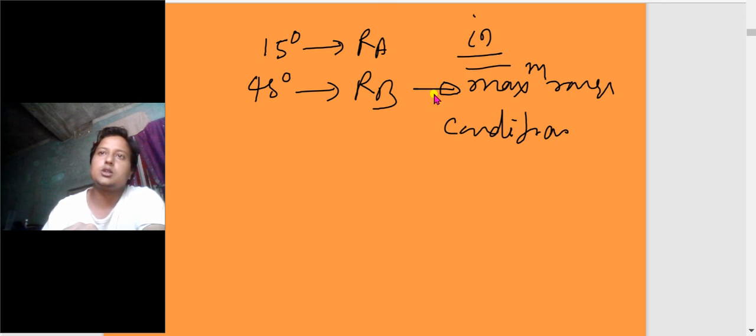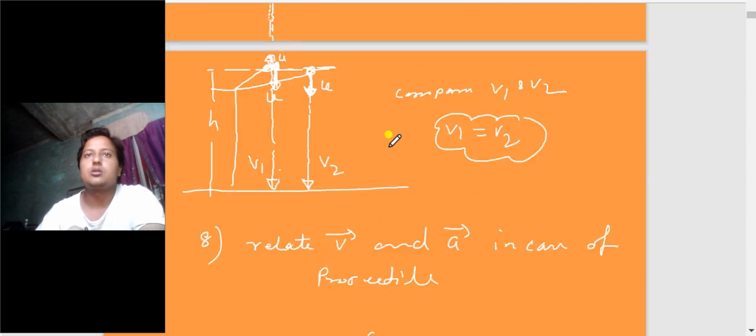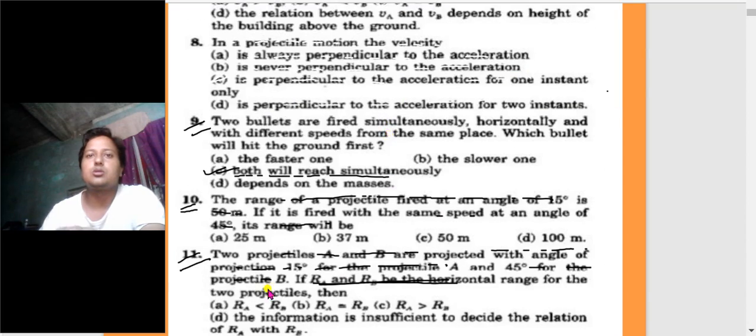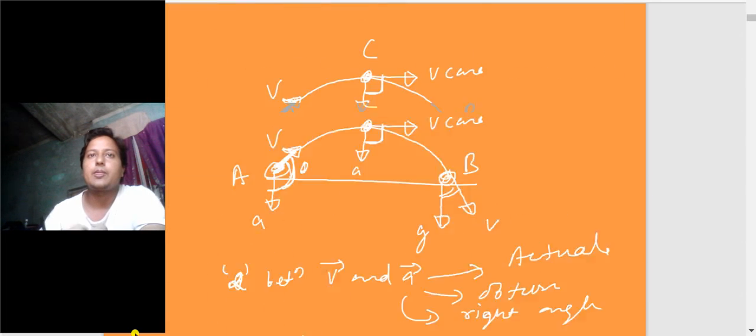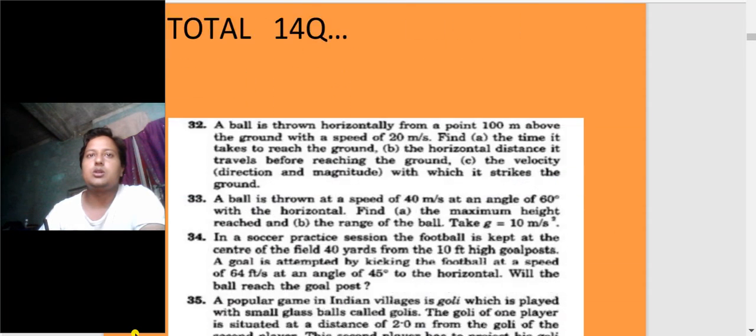In maximum range condition, RB must be greater than RA. So here RB is greater than RA.